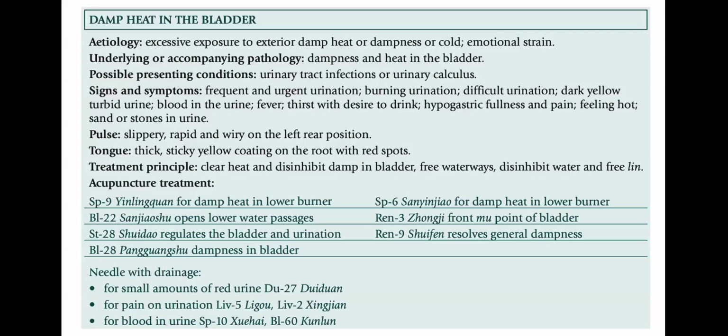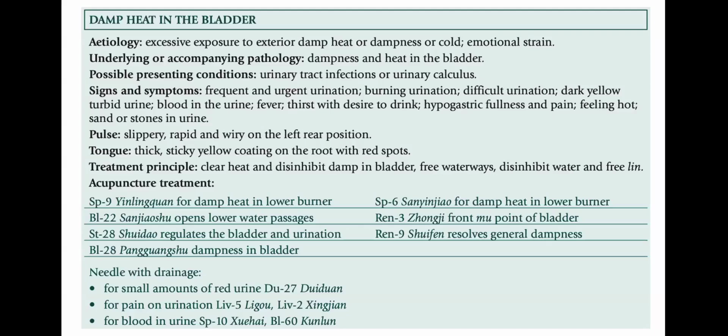So to summarize, damp heat in the bladder has its etiology in excessive exposure to exterior damp heat or dampness or cold, and emotional strain. Its underlying or accompanying pathology are dampness and heat in the bladder. Possible presenting conditions: urinary tract infections or urinary calculus.